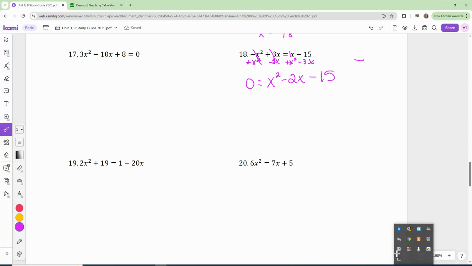So now we're factoring. We are looking for two numbers that multiply to negative 15 and add to negative 2. What would those numbers be? Positive 3. Oops, negative 5.